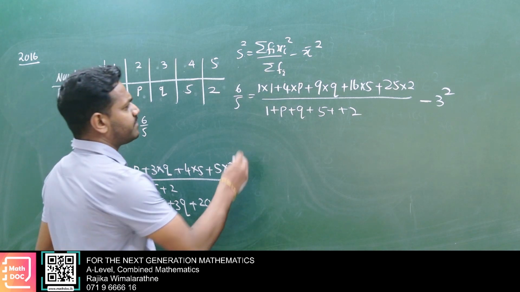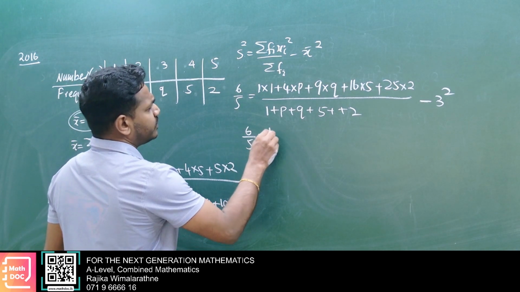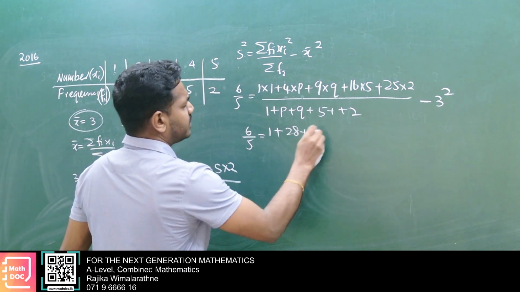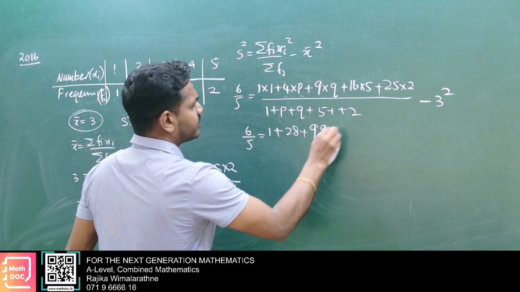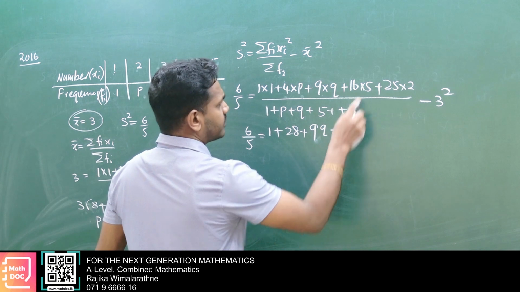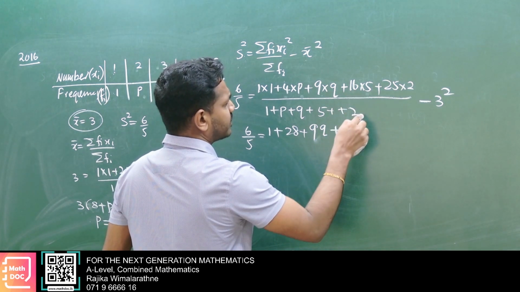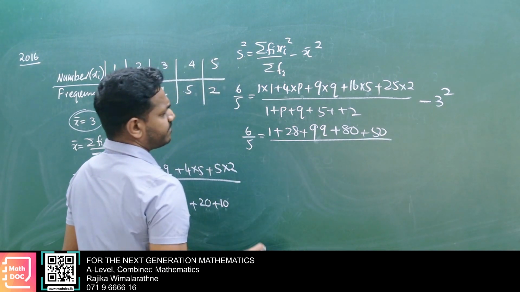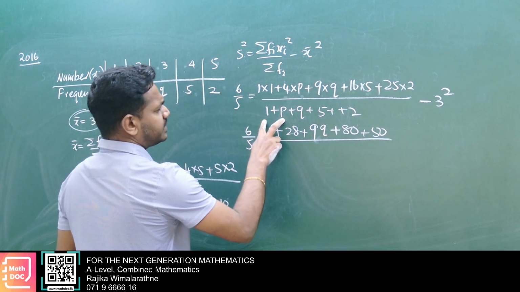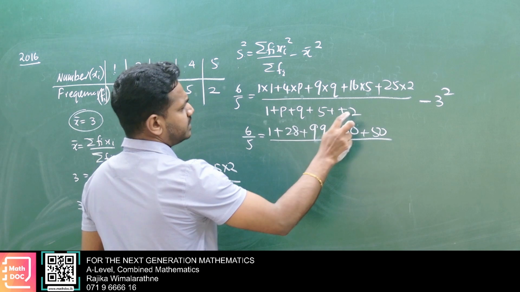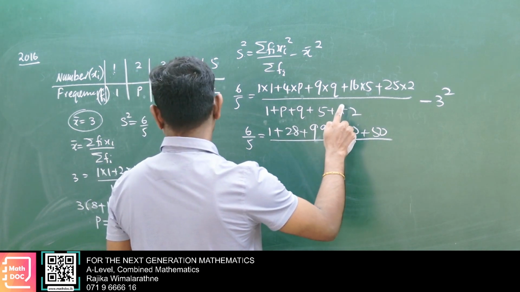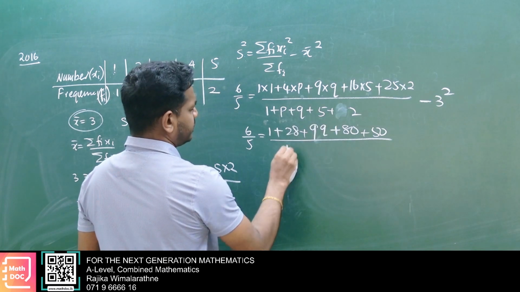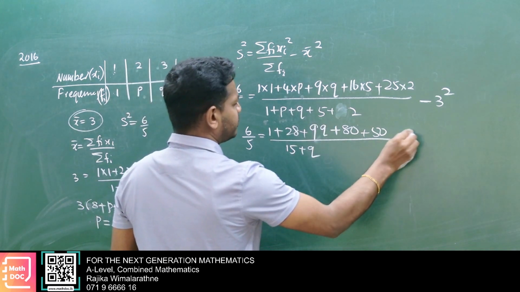Further simplify. Then 6 over 5 equals 1 plus 4P plus 28 plus 9Q plus 80 plus 50, over 8 plus P plus Q, minus 9.